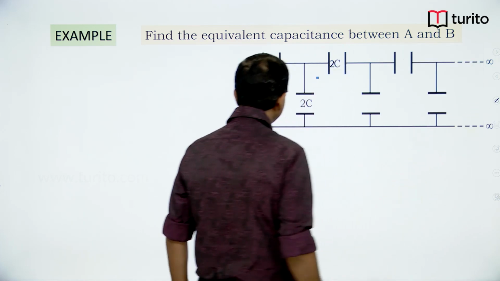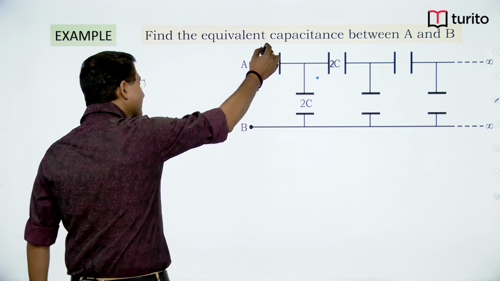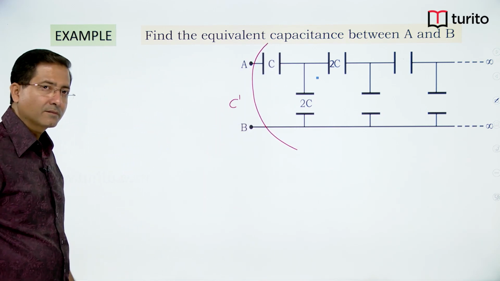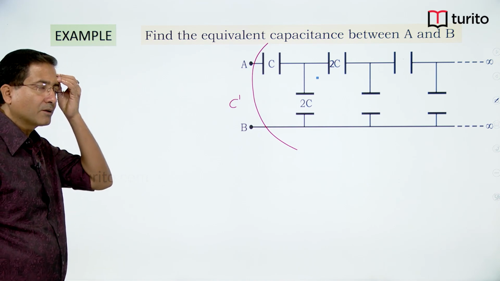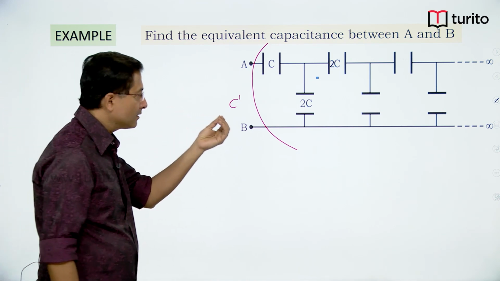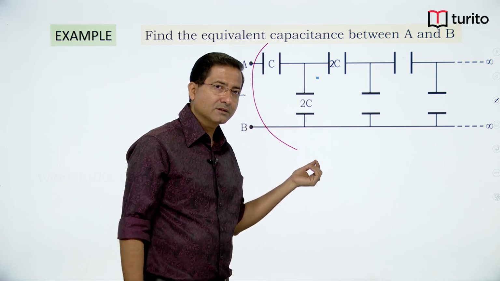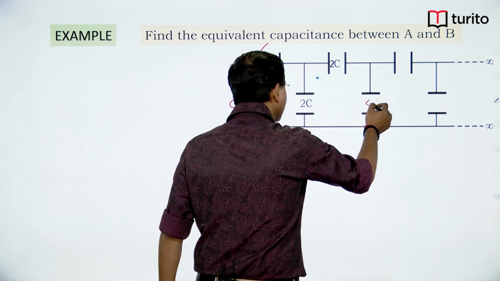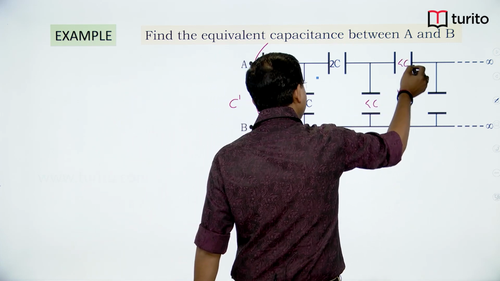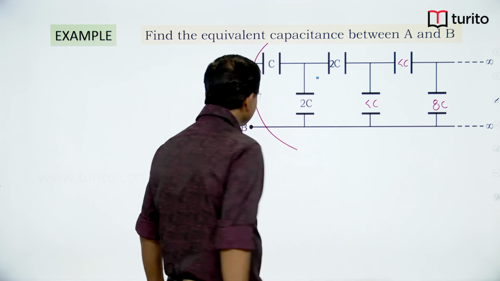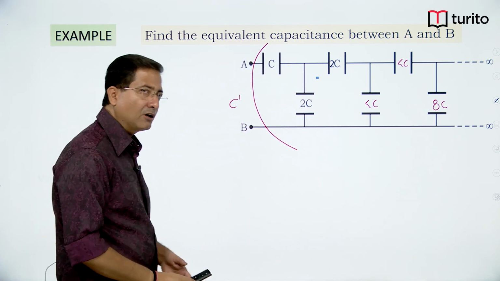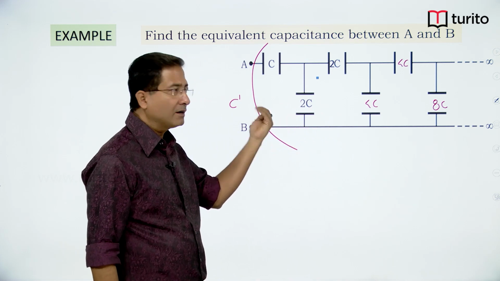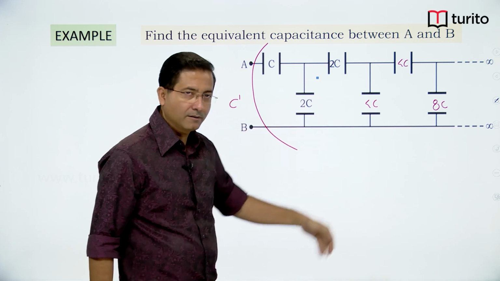If I assume that the capacitance here is C dash: in the previous case we gave the logic because all the units were the same, and adding the same unit, the capacitance is not going to change. Here the unit is becoming double. So if you go this way, the capacitance is becoming half, and if you go this way, the capacitance is becoming double.